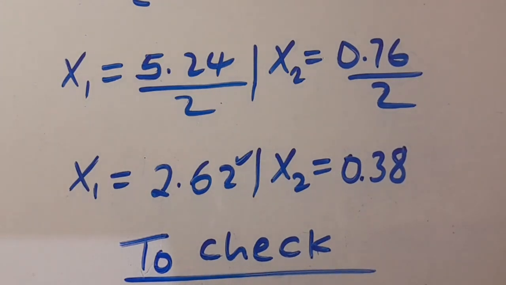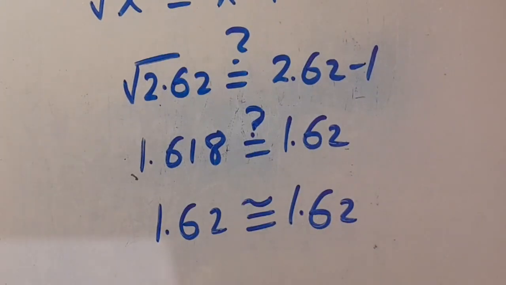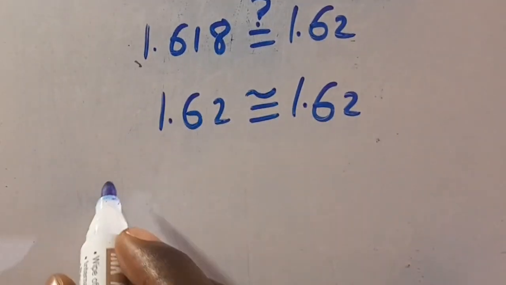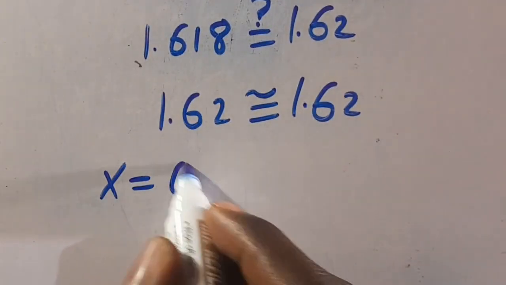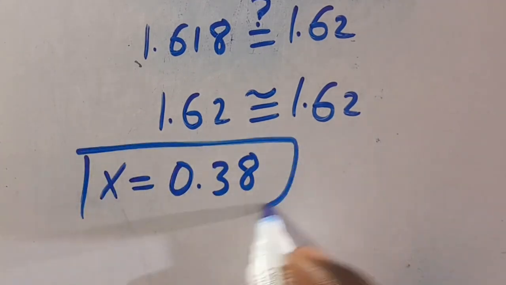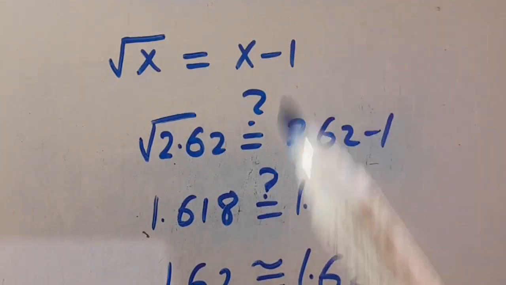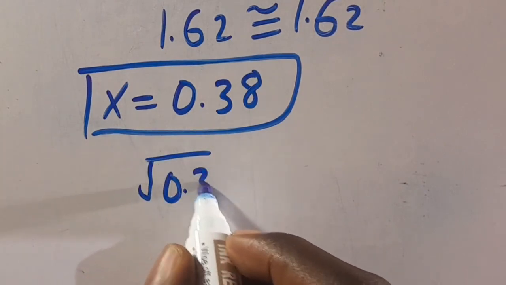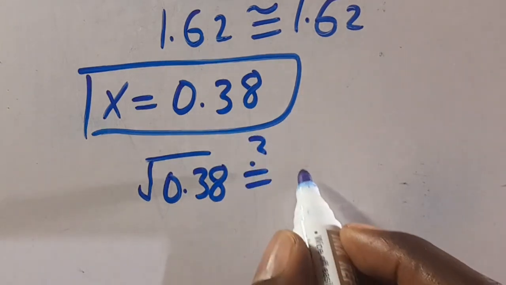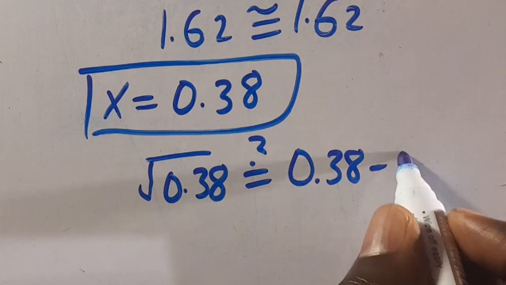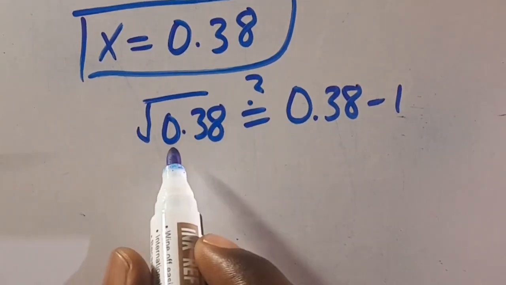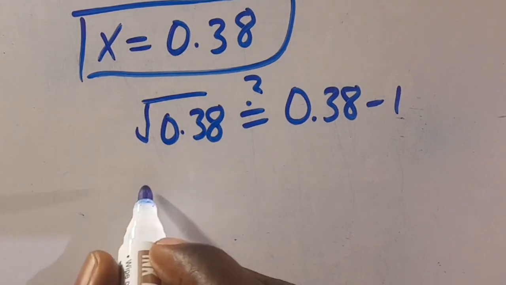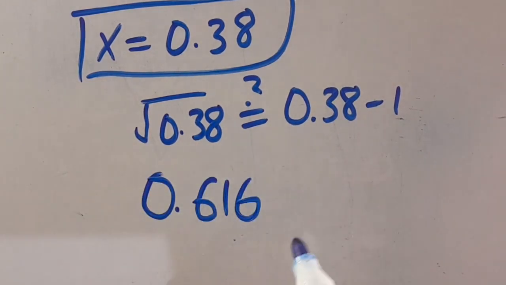Let's also check for the second one, where we have x equals 0.38. When we recall from here, then we are going to have root of 0.38, is it going to be equals 0.38 minus 1? So when you press root of 0.38, we're going to have 0.616.